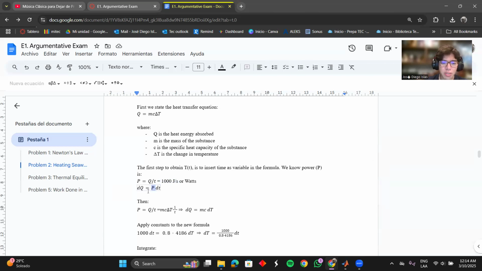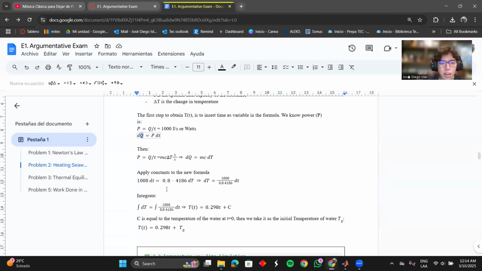That power is the heat absorbed over time. So yeah, we pretty much have this relation. We need to fuse both relations. So we plug in the Q over time, and we also make time an aspect of this part of the formula.